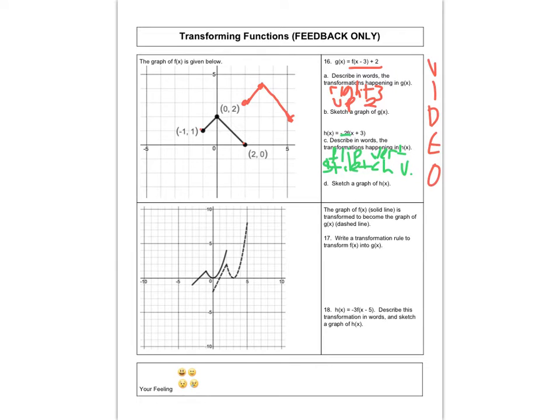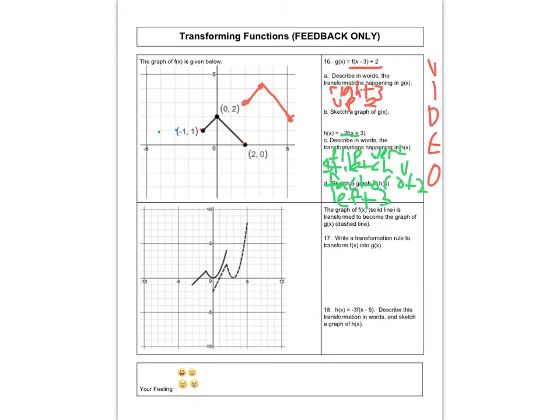I'm going to just write v, factor of 2, and then it's also going to be going left 3. The first thing I might think about is that this whole thing is going to go left 3. 1, 2, 3. And then it's going to flip over the x-axis and become twice as high.